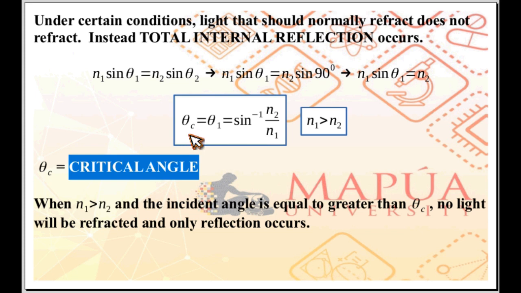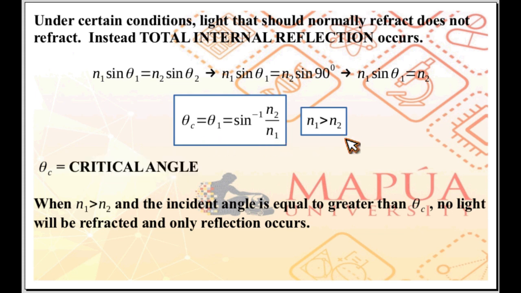So there will only be a value for theta c if n2 divided by n1 is less than 1, meaning n1 must be greater than n2. Medium 1 must have a greater index of refraction than the index of refraction of medium 2.